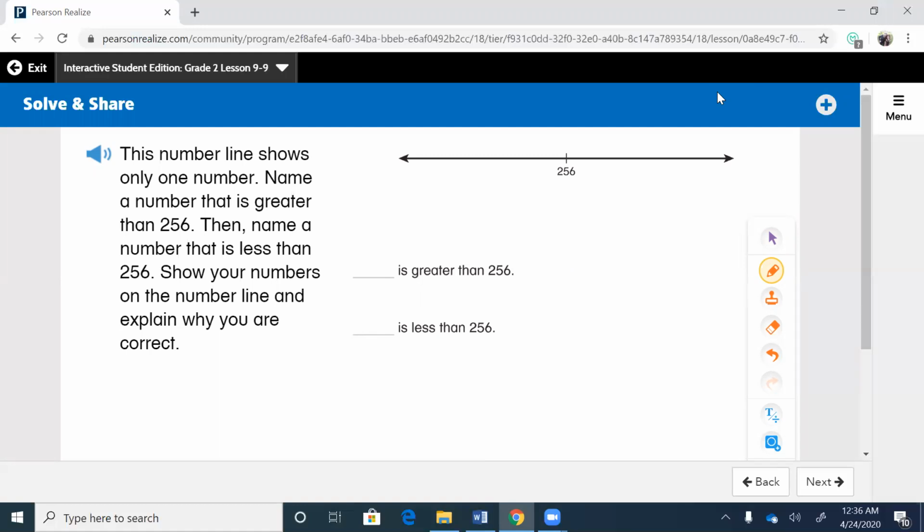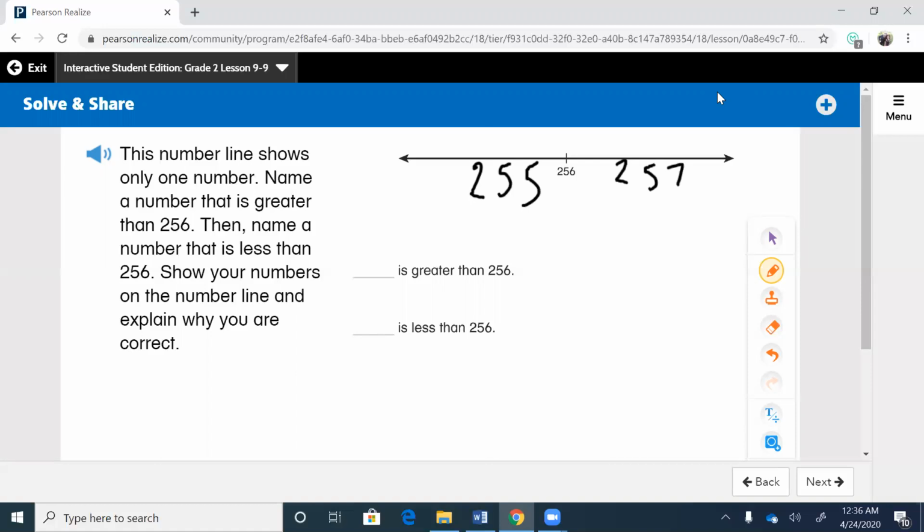Okay, so it says to first find a number that's greater. I'm going to just make it 257. And one smaller, or less than I should say, 255. Okay, then we have to fill it in.